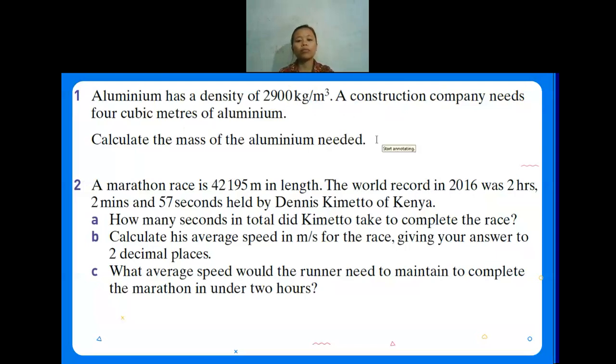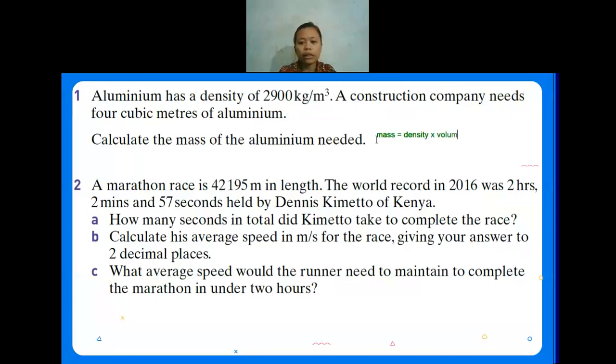Anyone want to tell me how we find the mass, if we have the density and the volume? 2,900 times 4. Yeah, mass is density times volume.